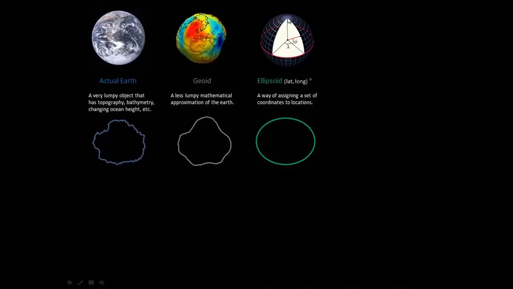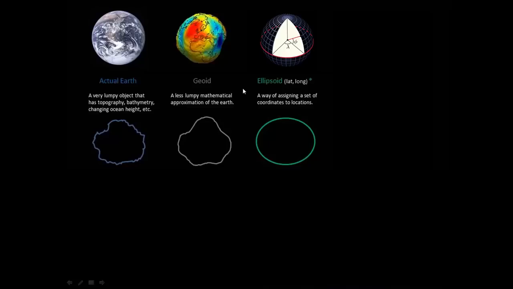So the problem is when our units vary, so the degrees of longitude are not constant, we can't reliably measure any kind of area or distance or anything like that. So what do we do? We've just figured out, okay, we know how to locate things on the globe, but we can't measure anything.